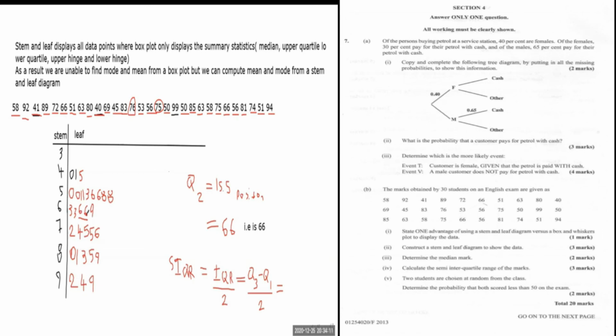So it's going to be the 8th term from here. 1, 2, 3, 4, 5, 6, 7, 8. So this is Q3. Q3 is 80 minus Q1. Q1 is the 8th term from here, which is 1, 2, 3, 4, 5, 6.